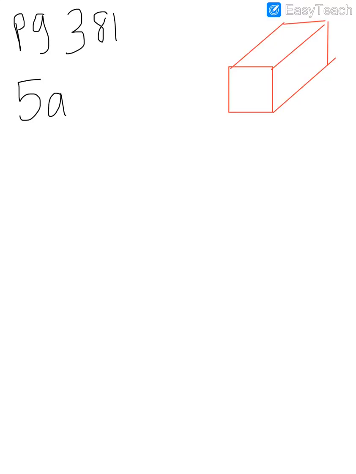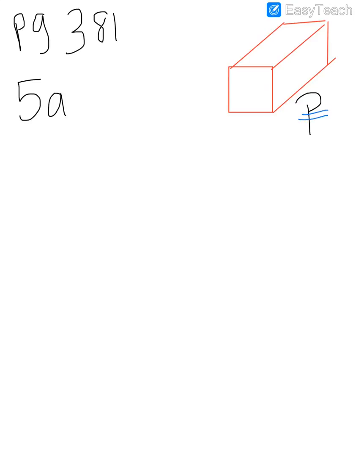In order to do 5A, it says a rectangular prism has a length of p centimeters. So what I'd need everybody to do is draw yourself a rectangular prism similar to what I have. Denote the length with the variable p. Then it says the width and height are each 2 centimeters less than the length.